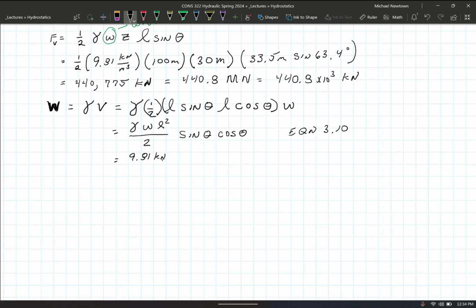9.81 kilonewtons per meter cubed. We are 100 meters wide. We have an L now of 33.5 meters, but we're squaring it. Squared, all divided by 2.